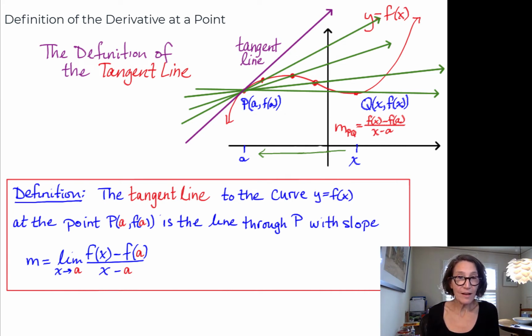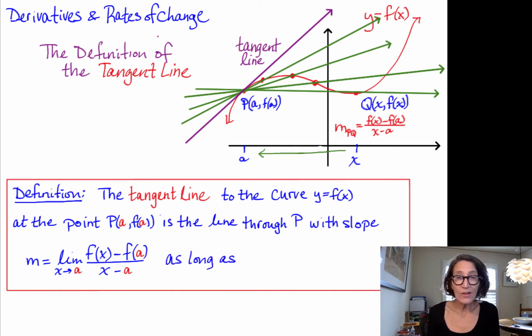So it's the limit as the x-coordinates approach a of the slopes of the secant lines, as long as that limit exists. So if that limit doesn't exist, right, then there is no slope. If the limit is getting arbitrarily large, and sometimes we say it's going off to infinity, it could mean that we have a vertical tangent line. Vertical tangent lines don't have a slope.